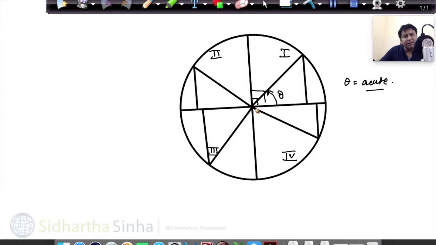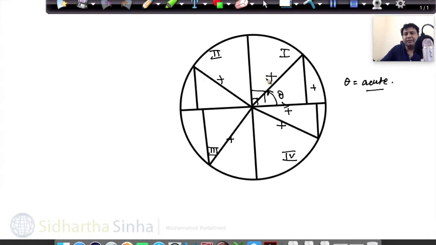Now you see the x-axis in this direction is positive and the y-axis is positive up. The radius of a circle can never be negative, obviously, so all these radii are positive. So I take this angle theta in the first quadrant.